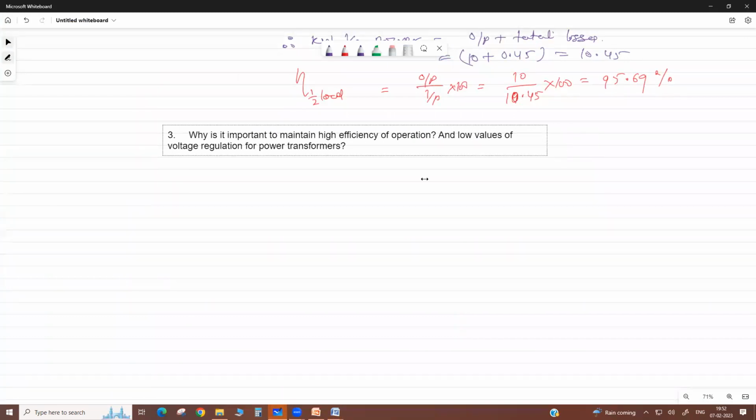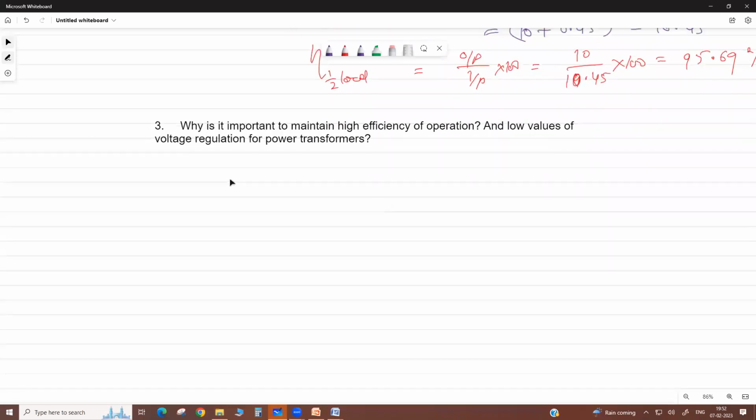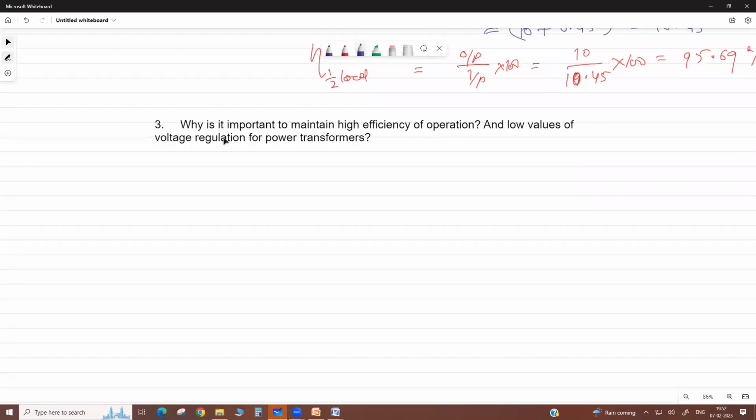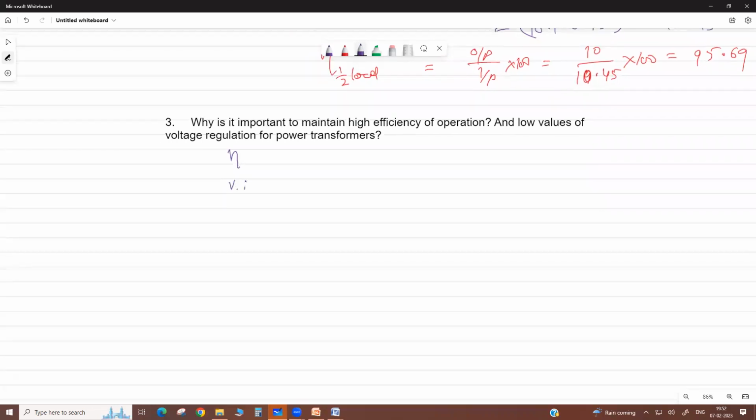Please tell me why it is important to maintain, in transformer performance we calculate two parameters, efficiency and voltage regulation. Voltage regulation should be as low as possible.